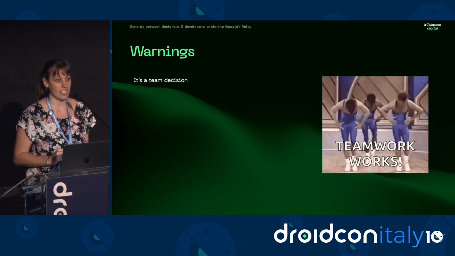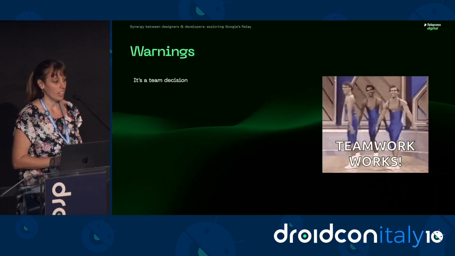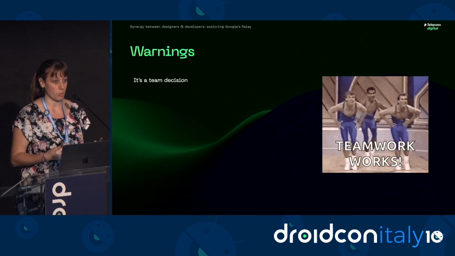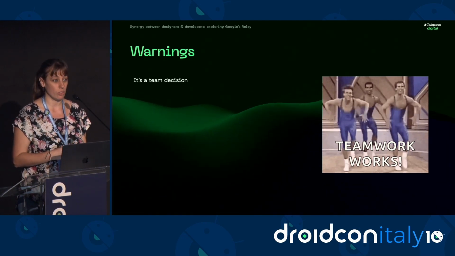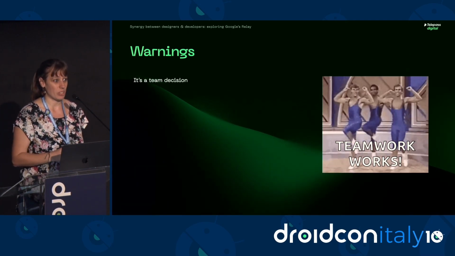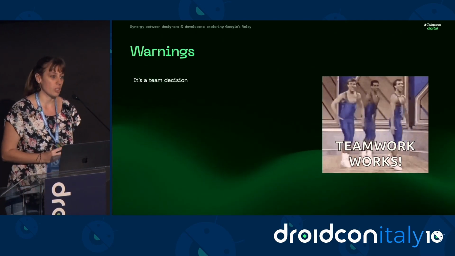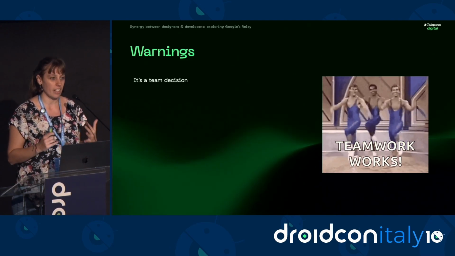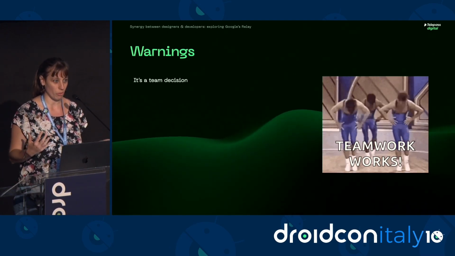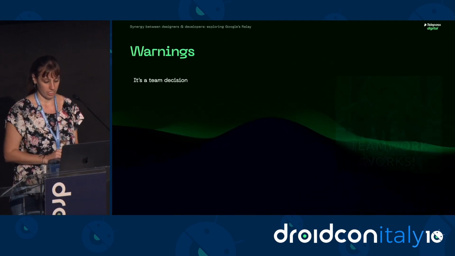First of all, the decision to adopt a plugin like Relay must be made by the whole team. If in the future a design team chooses a different tool to design new components or to manage the design system, this would lead to significant refactoring. Developers could find themselves in the situation of having to rewrite the entire auto-generated code of Relay or adapt to the new plugin.